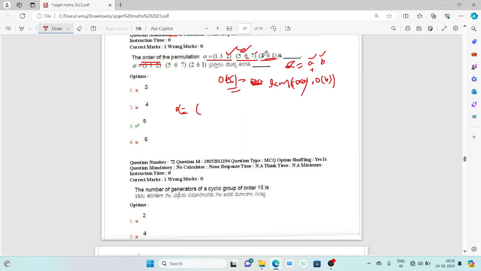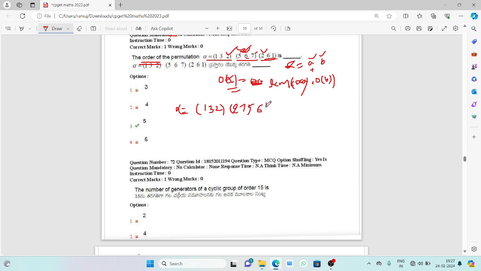First here 6 is common, so I will just multiply this 2 and 3 cycle. The first cycle will be as it is. I am just multiplying the remaining two cycles. So I will get, that is 2 goes to 6 and 6 goes to 1, 6 goes to 7. So if you multiply that one, you will get 2, 7, 5, 6, 1.